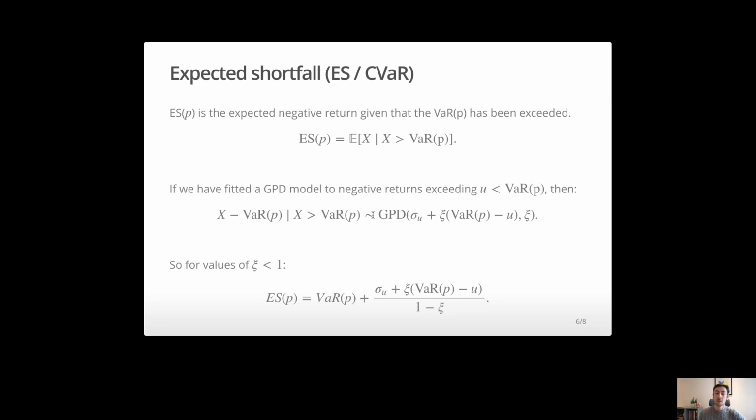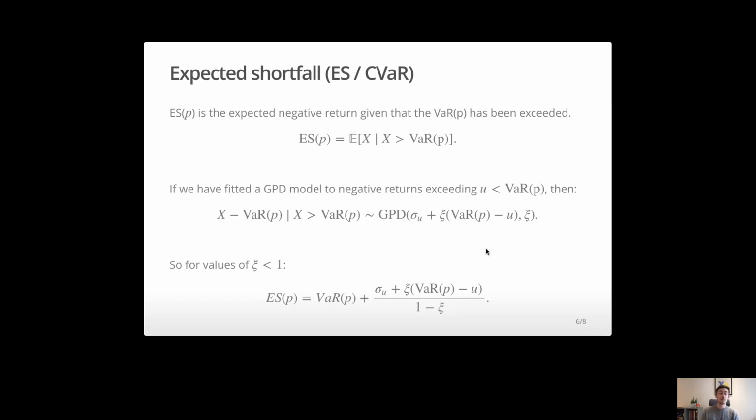Just to clarify, this first expression should be x minus the value at risk, given x is greater than u, follows a generalized Pareto distribution with parameters sigma u plus psi times the value at risk minus u. So this is our sigma parameter at the value at risk. And our shape parameter, as always, is going to stay constant and just be psi.